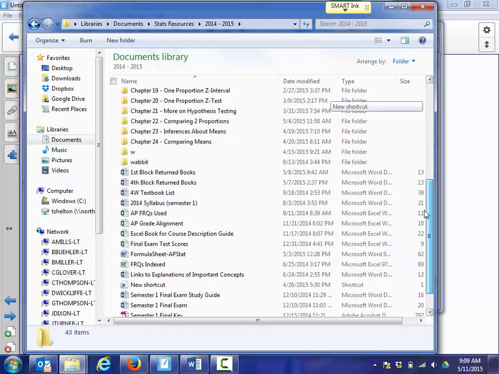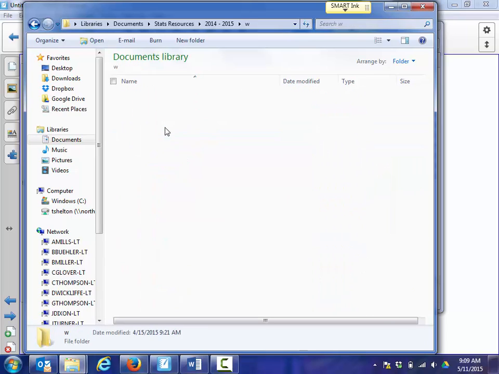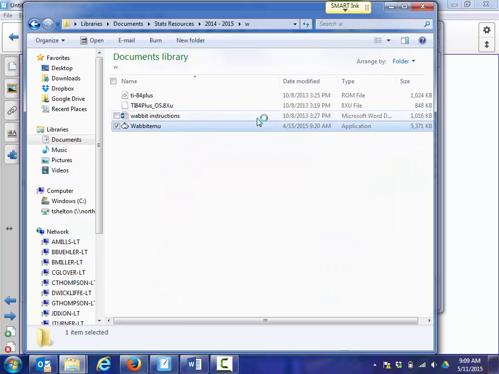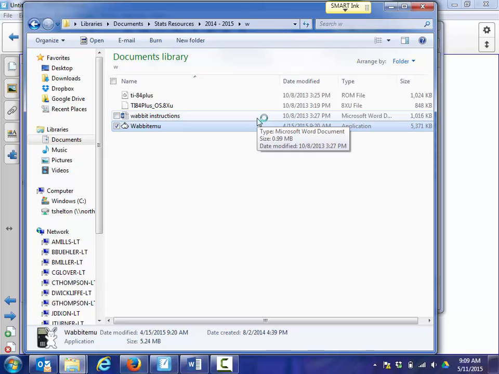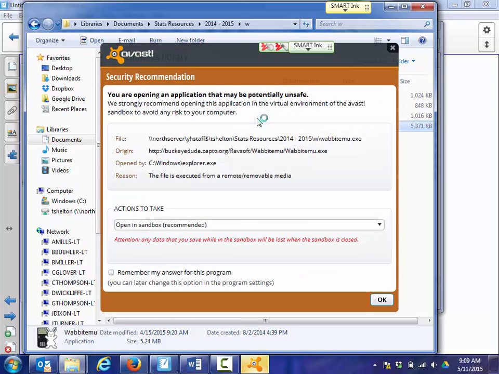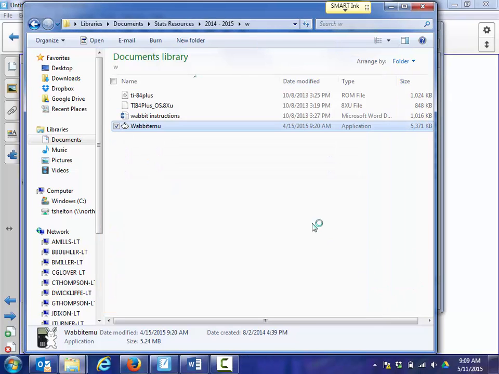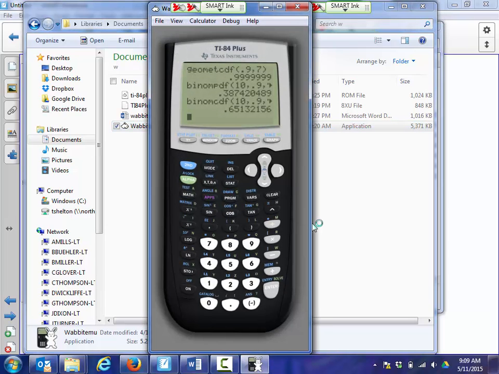I need to show you on Wabbit as a refresher where to go to get your degrees of freedom. I'm going to scroll down to the W folder, Wabbit mu. You can use the same calculator function to find your degrees of freedom for a sampling distribution model for a difference between means, for a confidence interval for a difference between means, or hypothesis test for a difference between means.